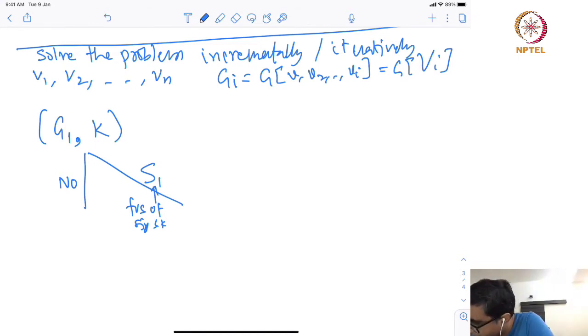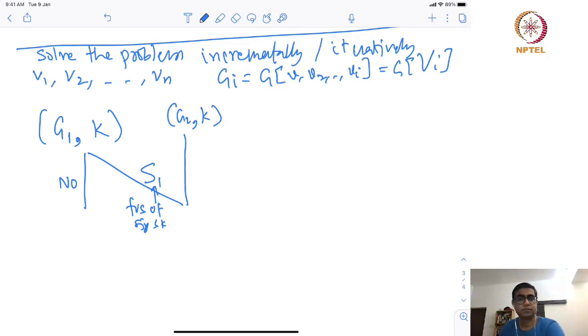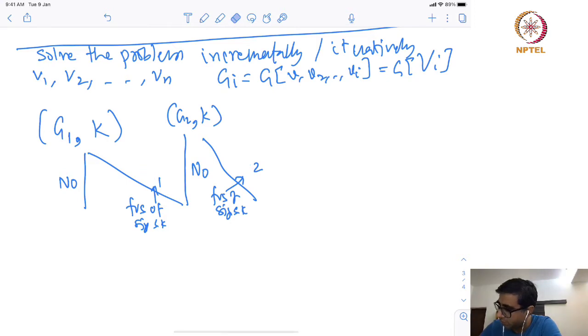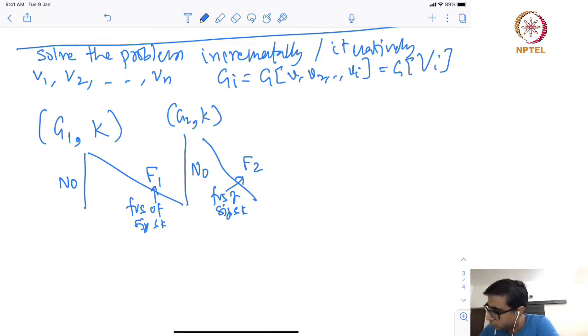Then let me try G_2 comma k. Again, it can say no, or it can produce a set S_2, which is an FVS of size at most k. We keep on going, asking this.